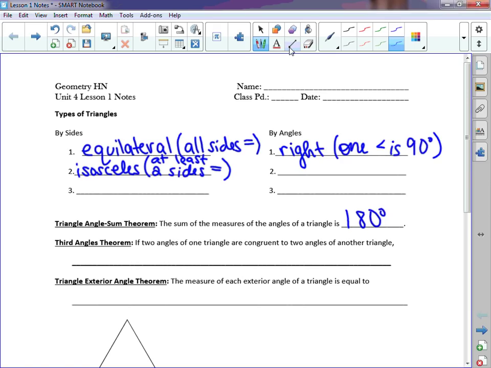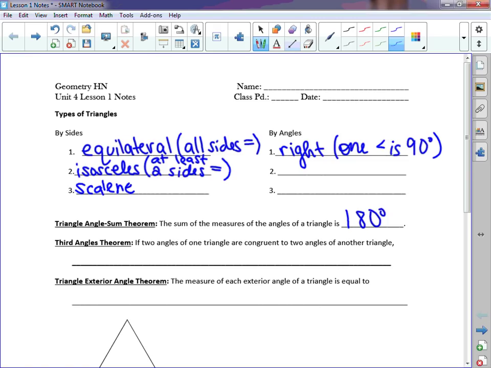Okay, can we figure out what the third one is basically? That all three are the same. Two sides are the same. Scalene, my particular favorite. So we have scalene triangle.